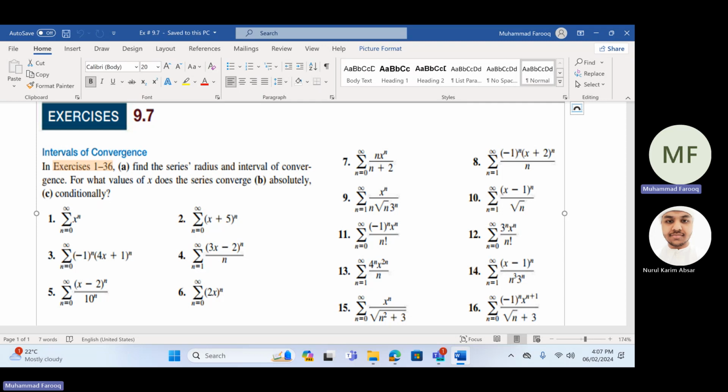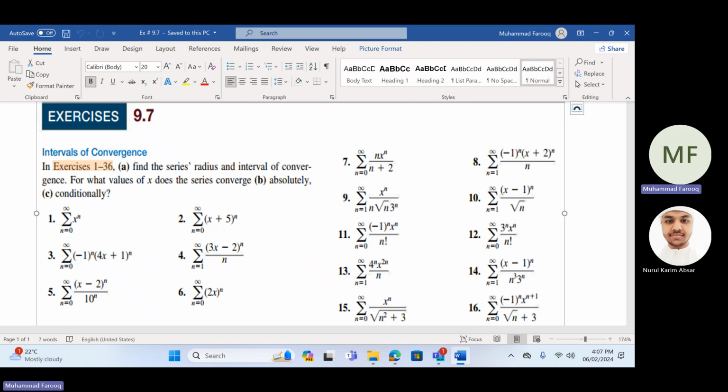Both tests can be used, but I already told you my advice: if a factorial is involved, don't use the root test. In a factorial question, please use the ratio test. If there is no factorial, use the root test because it is much easier and we get the answer quickly. So I recommend the root test if there is no factorial.